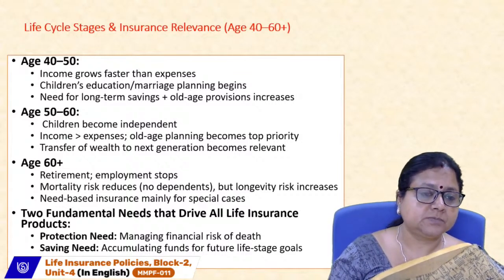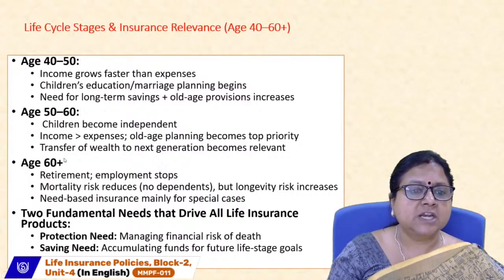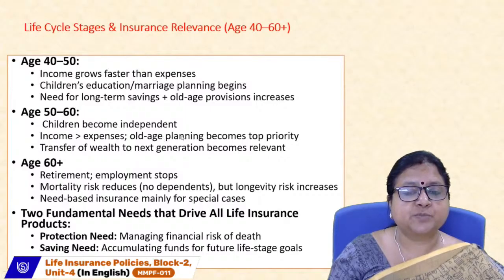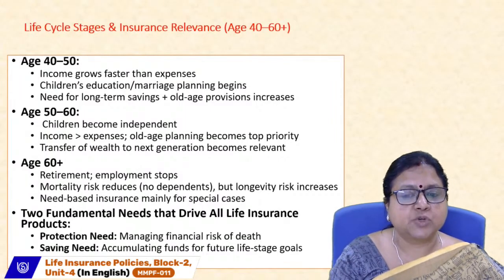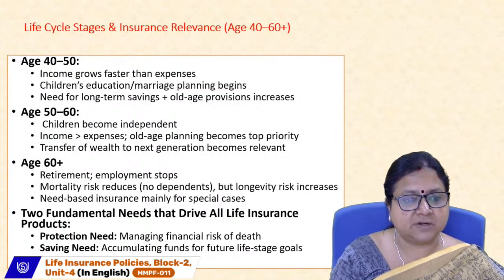Now, moving on to the age between 50 to 60, the children become independent. Income is now greater than the expenses. So old age planning becomes a top priority, and transfer of wealth to the next generation becomes more relevant.